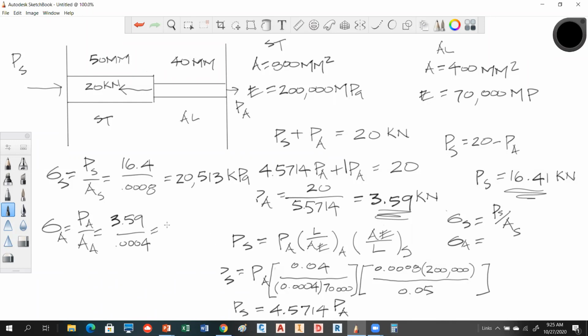We get 8,975 kilopascals. So with this problem, doing it from a standpoint where you're applying the statics and you're applying the strength of materials, you can solve a lot of different stuff.